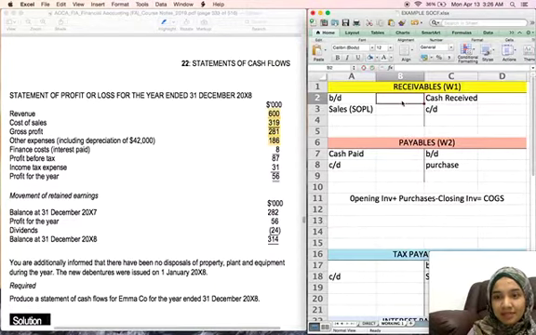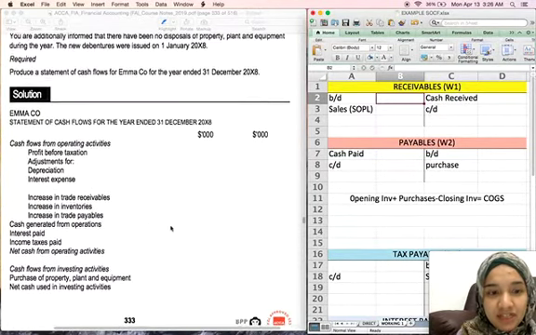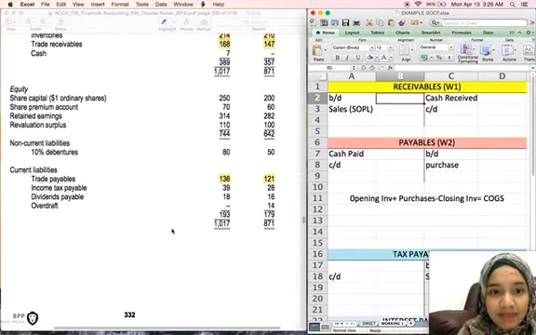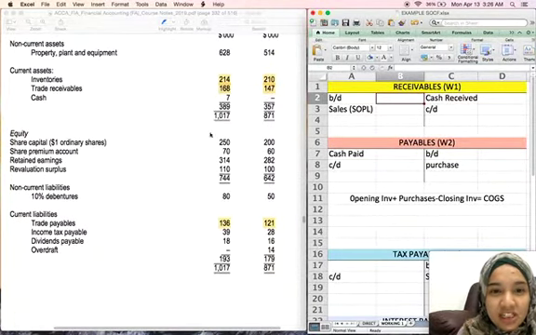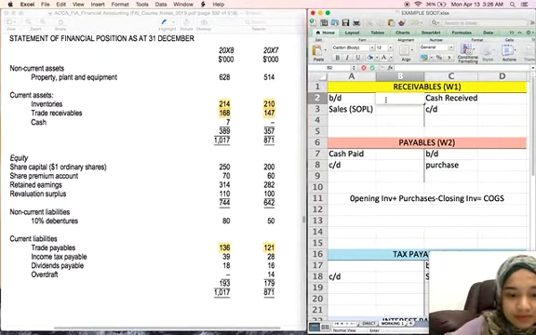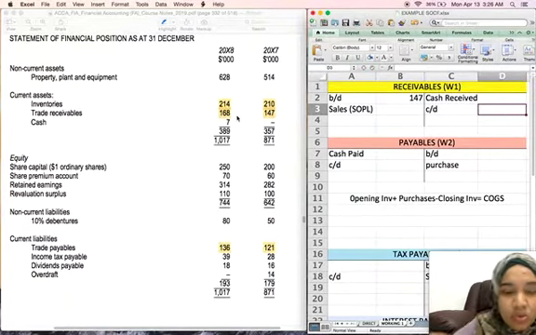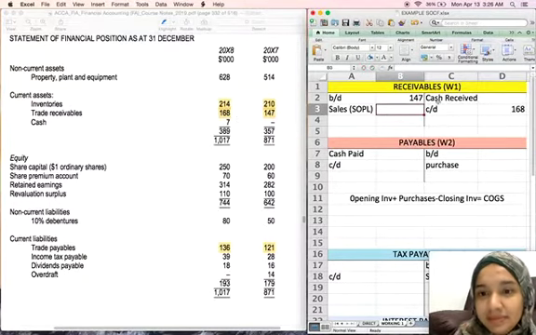You will get this figure from the SOFP. How much receivable do you have? BD is 147. CD is 168.